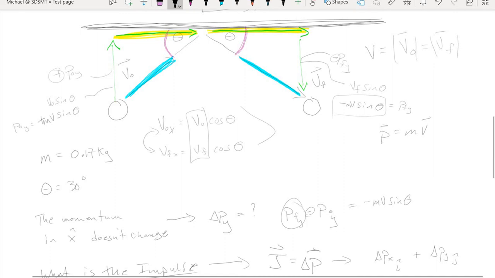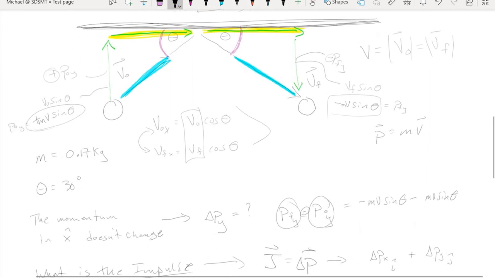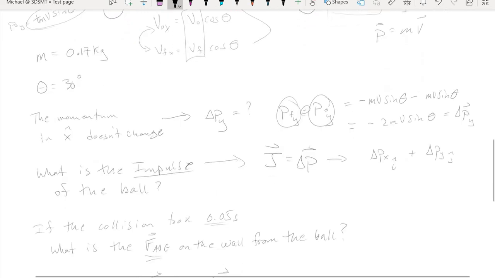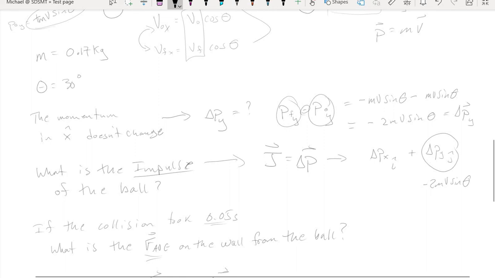We have to subtract the initial component of mv sine theta. That does not equal 0. That equals a negative 2mv sine theta. That is the change in the momentum for the y direction. That value is going to go right in here, negative 2mv sine theta.